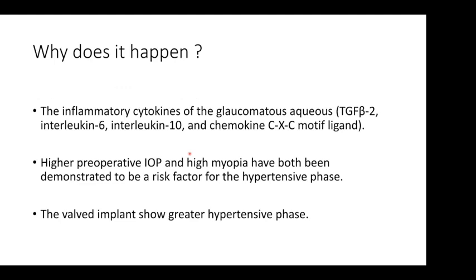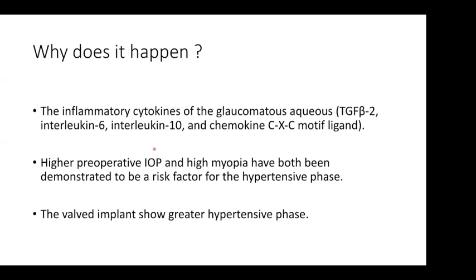Again, a lot of inflammatory cytokines are present in the glaucomatous aqueous, because the aqueous of the eye where the pressure is not controlled is different from the aqueous of the normal eye. A lot of inflammatory cytokines, interleukins, and a lot of inflammatory mediators, which induce a lot of inflammation around the plate.